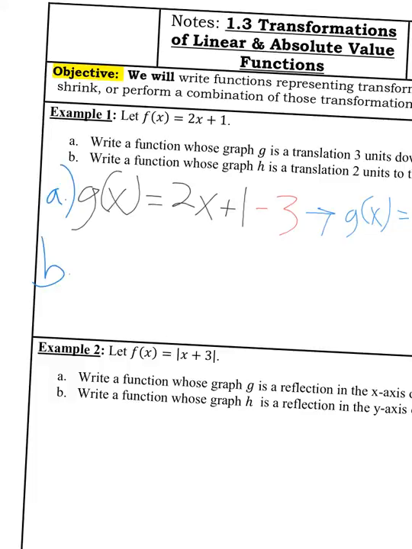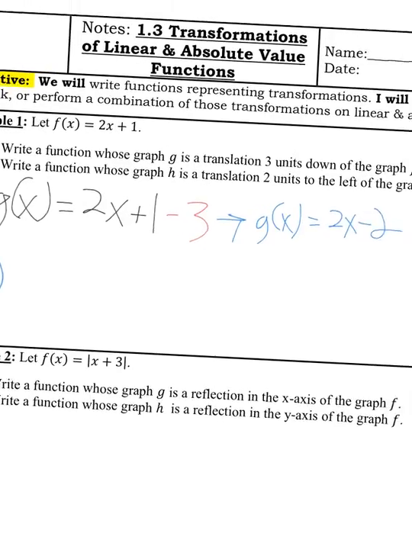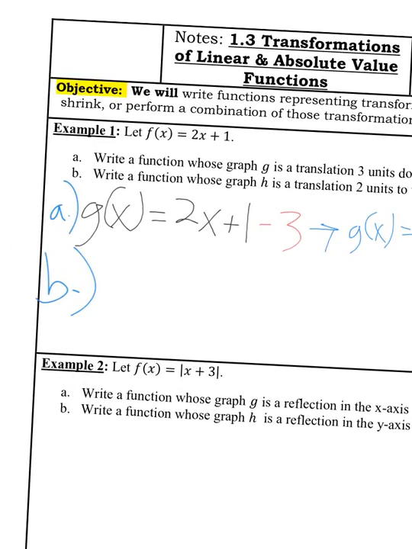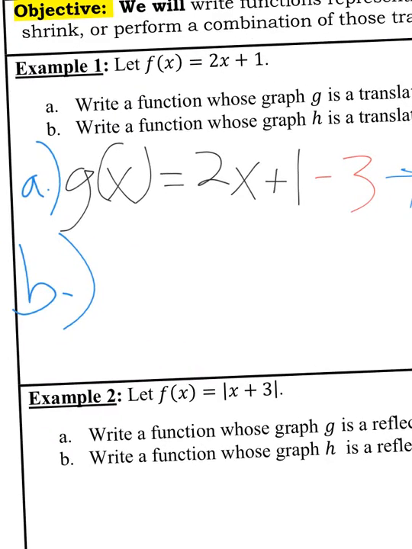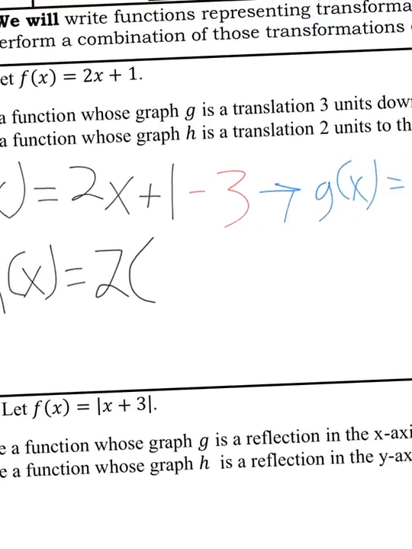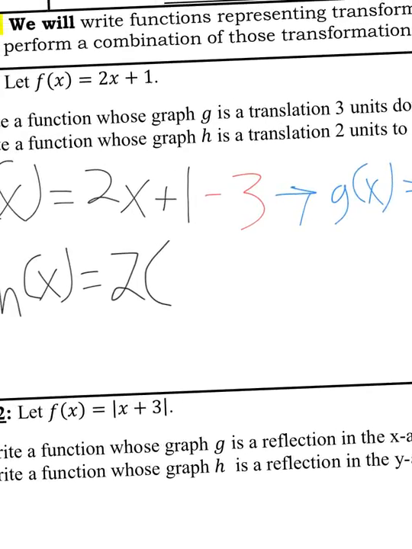Part B says write a function whose graph h is a translation 2 units to the left of the graph of f. So I'm going to write h of x this time, and then if you'll recall, if you want something to move left or right, you want to do it on the inside with the x. So I'll put x, and then it kind of moves opposite of what you might think. So to the left, you're going to plus 2 to the inside.